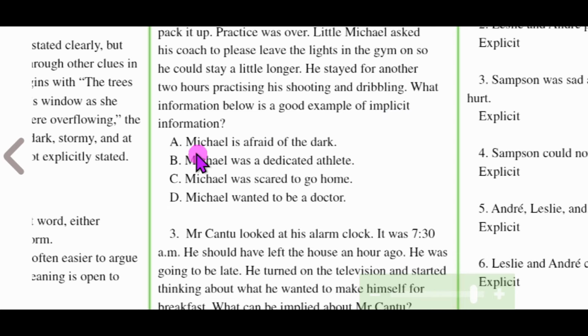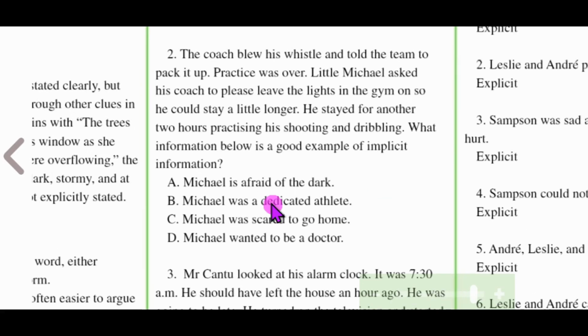Let's go. Michael is afraid of the dark. Michael is a dedicated athlete. Michael was scared to go home. Michael wanted to be a doctor. And the one that I would go with is B. Michael here was a dedicated athlete.